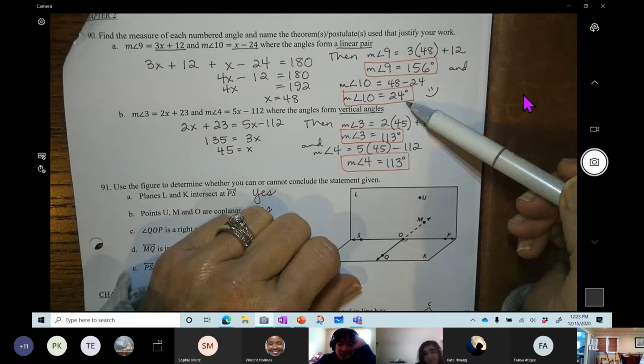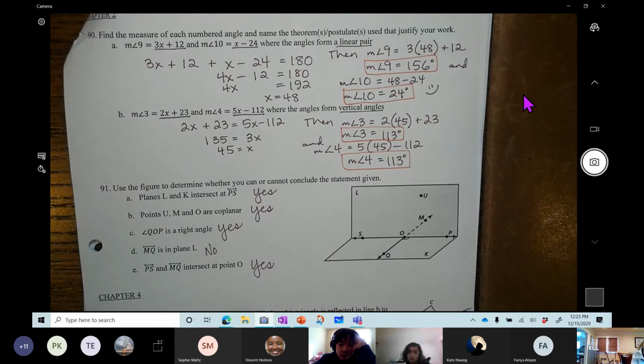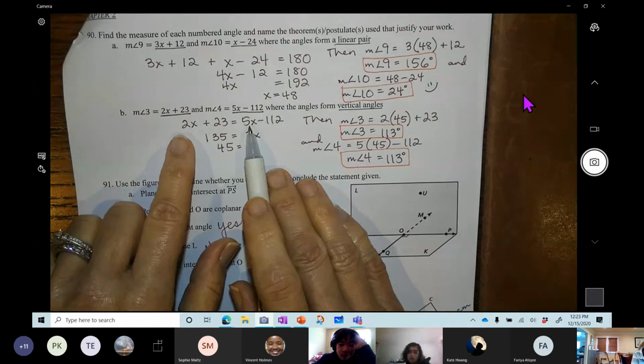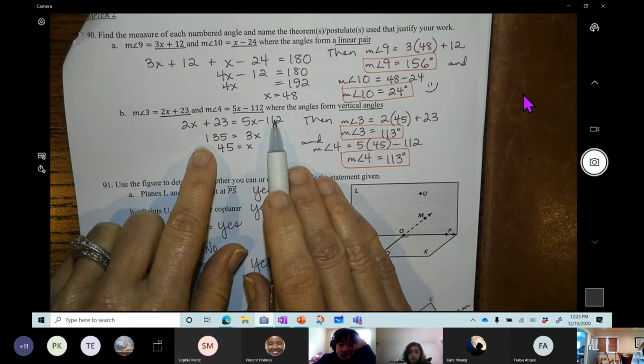For the next one, I've got vertical angles. And I know that vertical angles are congruent. So I was able to set 2x plus 23 equal to 5x minus 112. And then you take away 2x from both sides, and I added 112 to both sides.